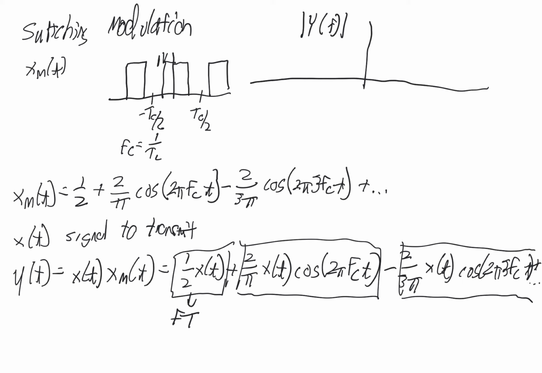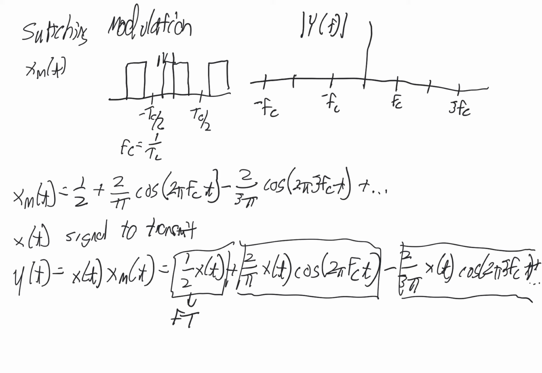We can see the cosines at fc and 3fc, and since this is a real signal, we're also going to have the negative frequencies.